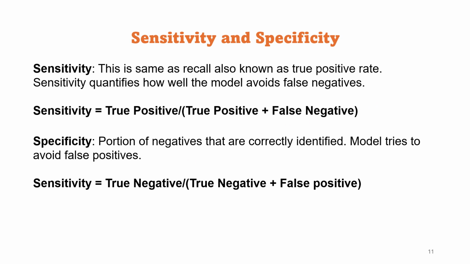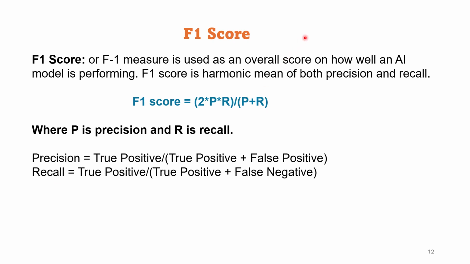Now coming to the last topic of this video, F1 score or F1 measure. In case we want to find an optimal blend of precision and recall, we can combine the two metrics using what is called F1 score or F1 measure. F1 score is the harmonic mean of both precision and recall.